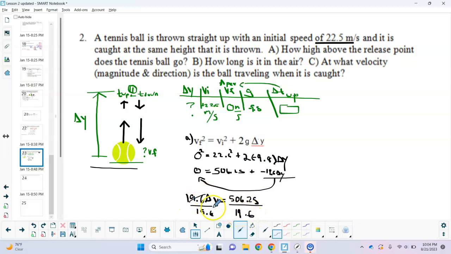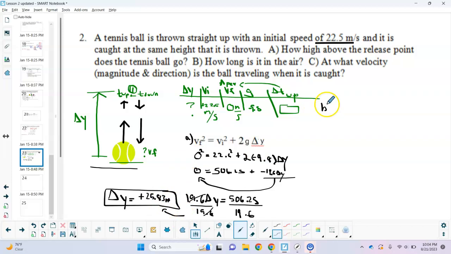So that drops out, and we get delta y is a positive value because it's going up, so that makes sense. And I got, for this value, 25.83. It's a displacement, so it's going to be meters. So that is the first one there. Okay, so that's part A.